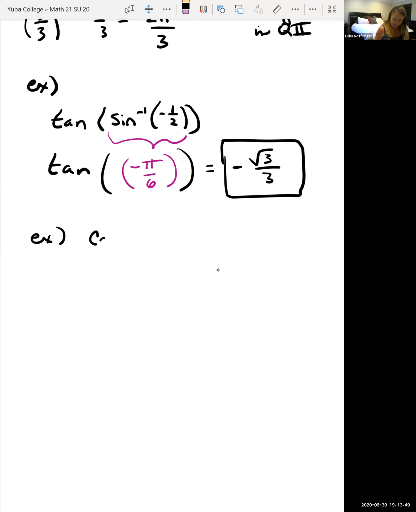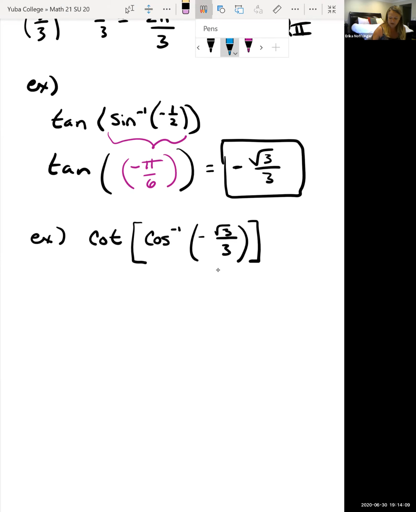So let's do one more. Cotangent of cosine inverse of -√3/3. We first want to look at cosine inverse of -√3/3. I know that that's going to be between positive pi halves and pi, because cosine is between 0 and pi for the inverse function.